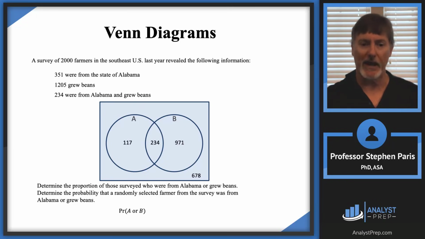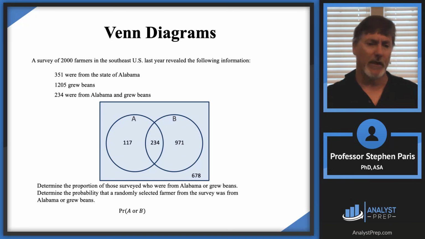Bean farmers from Alabama, those that are in the intersection of A and B, you do have to account for those if you're counting the number of outcomes in A or B. Okay, so just be careful with that. It's not the same as the verbal or in the English language of the U.S. Most of the time that's an exclusive or. This is an inclusive or.